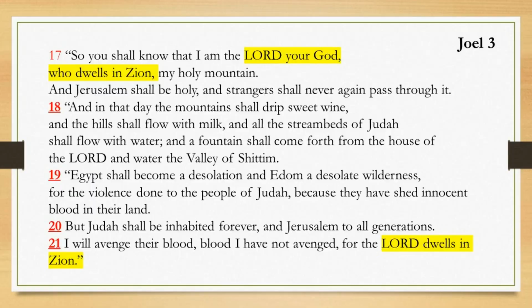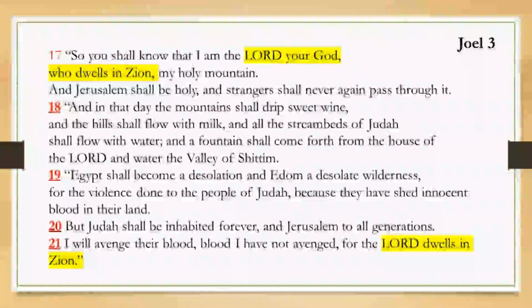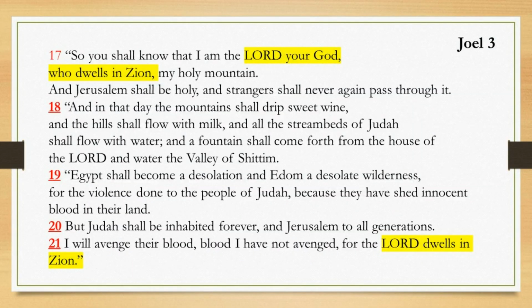So you shall know that I am the Lord your God, who dwells in Zion, my holy mountain. And Jerusalem shall be holy, strangers shall never again pass through it. And in that day the mountains shall drip with sweet wine, and the hills shall flow with milk, and all the stream beds of Judah shall flow with water. The fountain shall come forth in the house of the Lord, and the waters from the valley of Shittim.